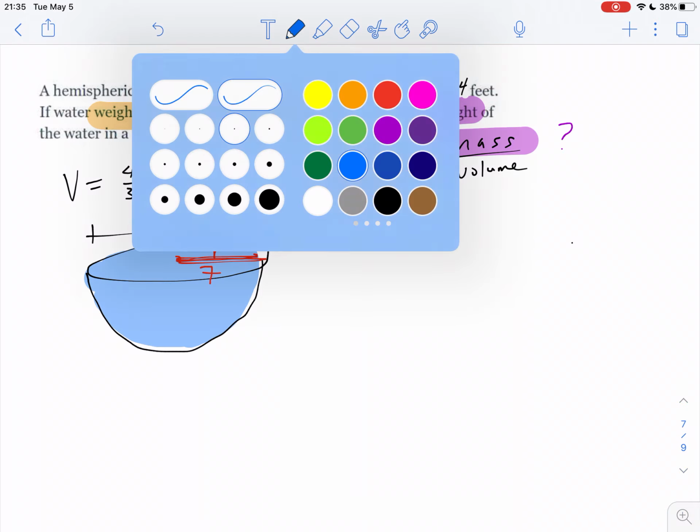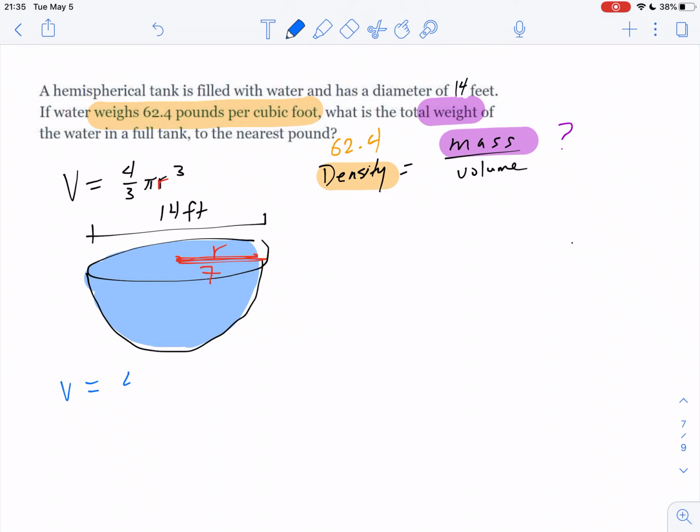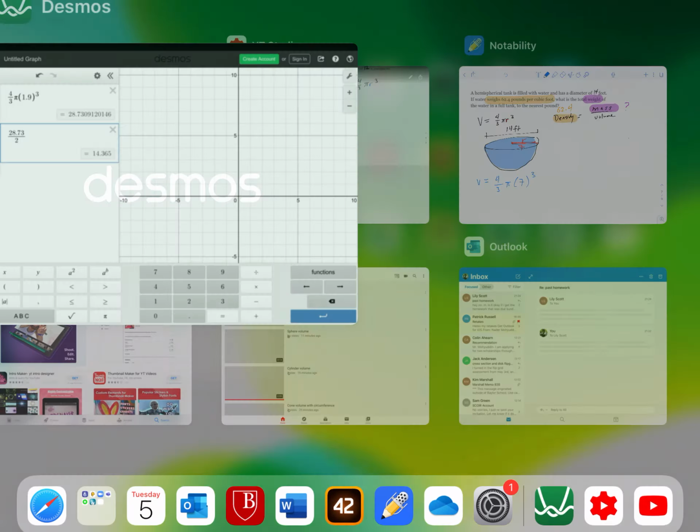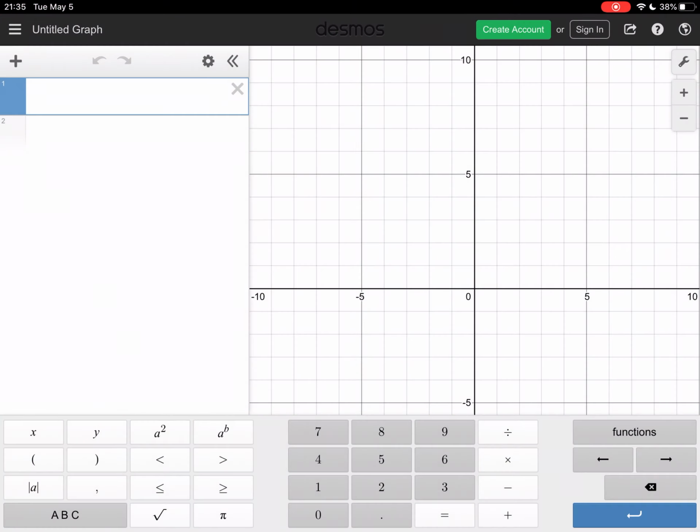So the volume formula is 4/3 pi r cubed. So 4/3 pi times the radius cubed. Let's calculate that. Wait for Desmos. All right. 4/3 pi radius to the third power is 1436.755.